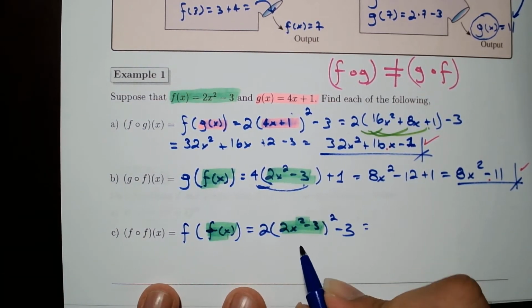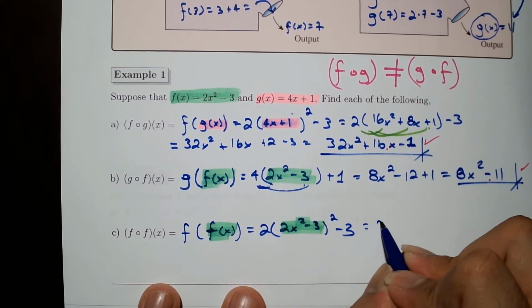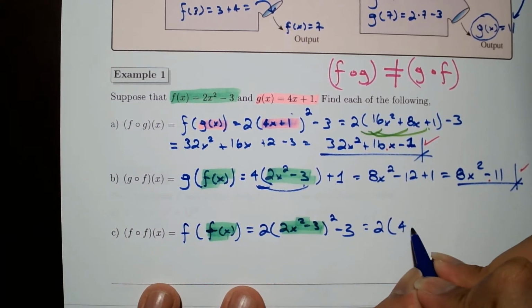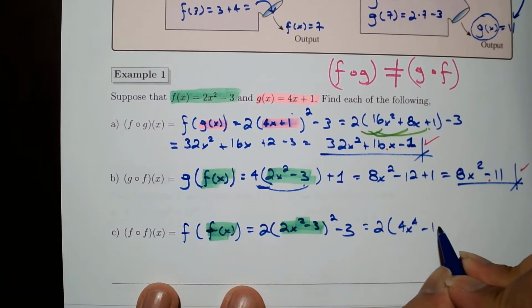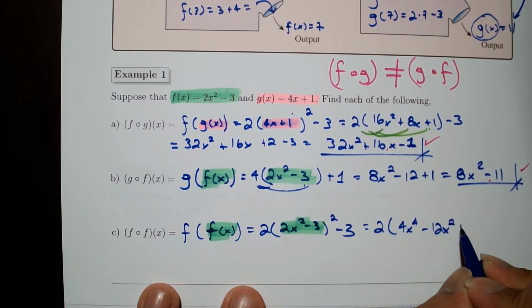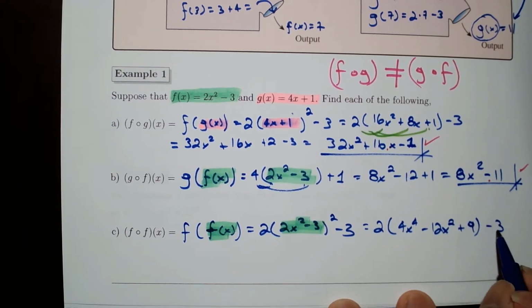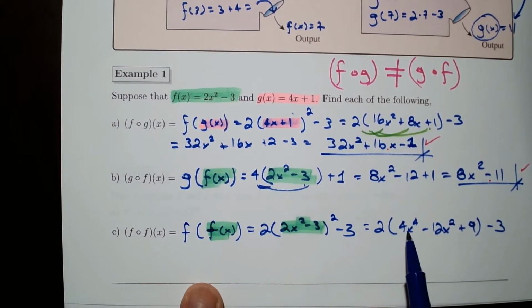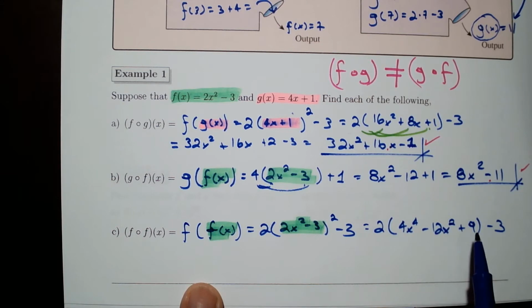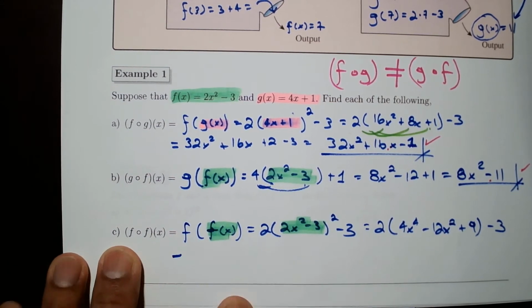And if we expand the binomial here, I'm going to have the 2 outside first. That's going to be 4x to the 4th power minus 12x squared plus 9. That's the binomial squared. And then minus 3. The next step is to distribute the 2 about every single term inside of the parentheses.